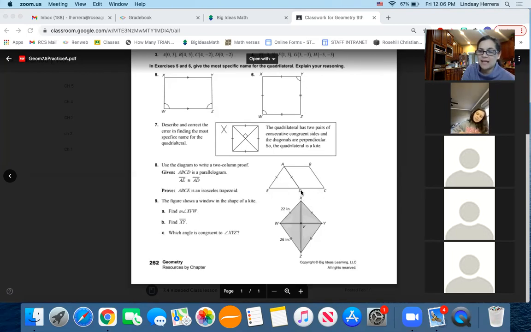So now we've said that EC includes DC, okay? Segment addition postulate. And then we can say AB is parallel to EC.